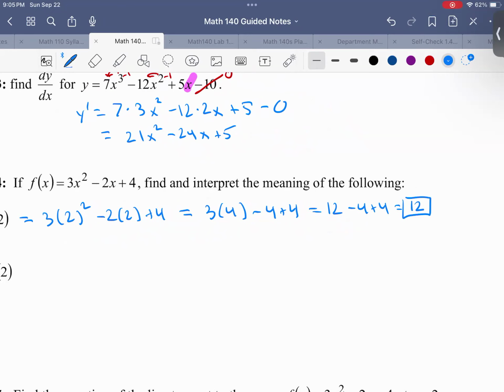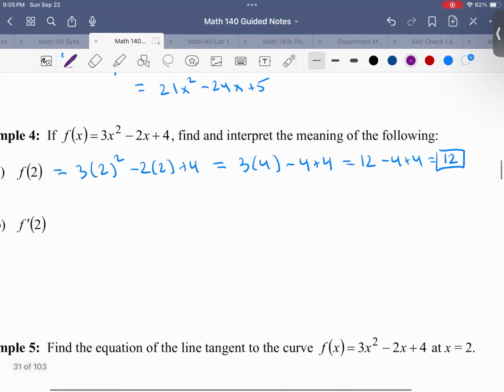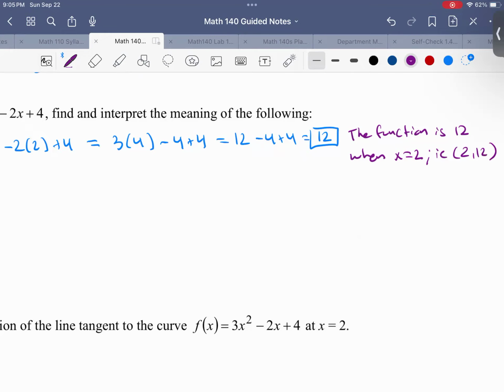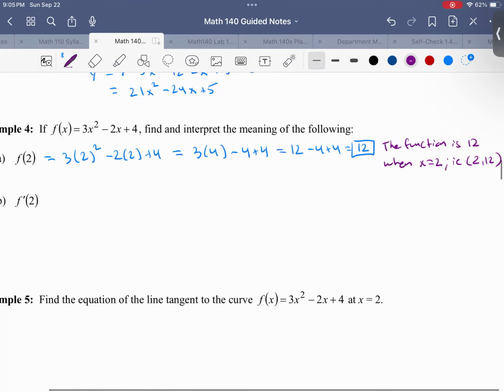So what does this mean? This means that the function is 12 when x equals 2. Input, output, we get the point (2, 12). So we're a little familiar with that one.